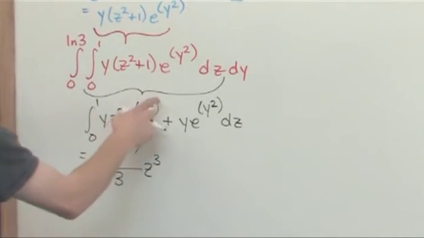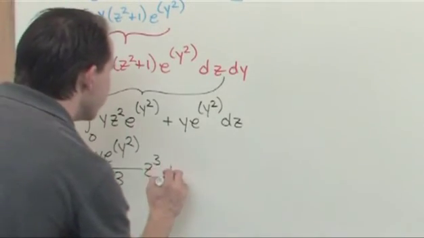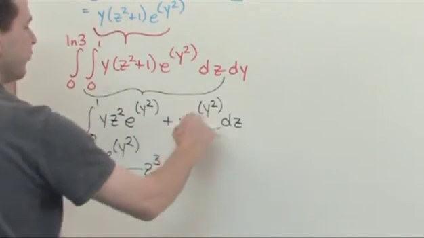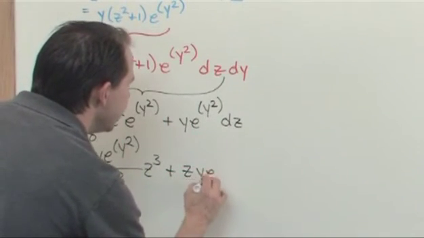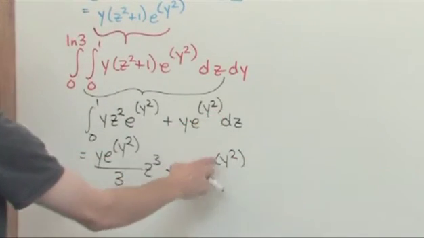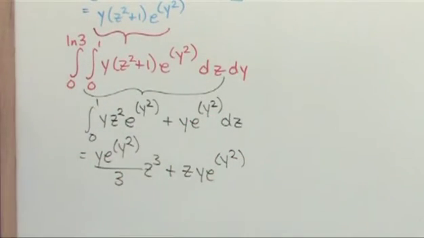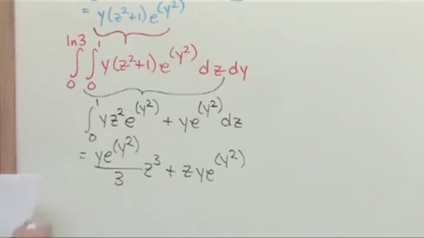This stuff here is a giant constant, and you have 1/3 z cubed, okay? Plus, and then over here, this is a giant constant, so really all I've got is z times y e to the y squared. Make sure you understand that. This is a constant, so it just comes down. I stick a z there because this is just like a number, like 2 or 3 or 6, and that's how I integrate this. So this is the solution to the second integral.